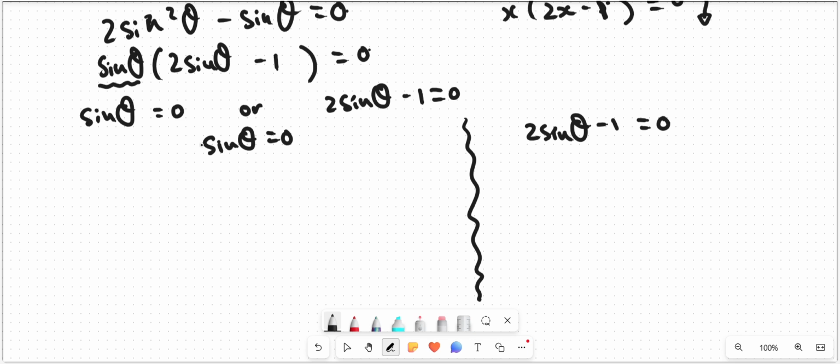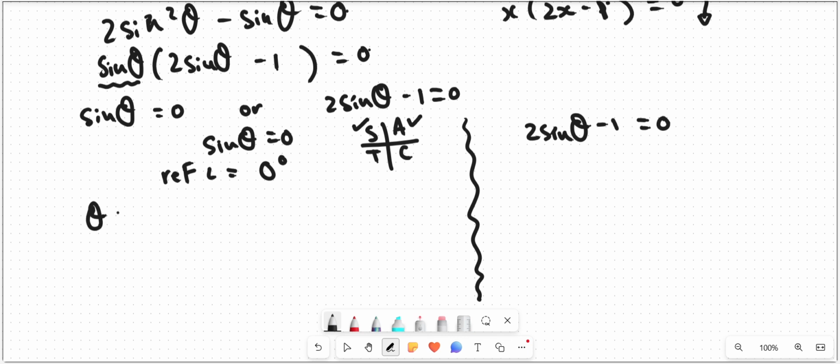So sine theta equal to 0, if you take your inverse sine on the other side, you'll find that your reference angle is 0 degrees, right? And if we have a reference angle of 0 degrees, where does 0 degrees take us? A 0 is a positive. So it takes us in quad 1 and it takes us in quad 2.